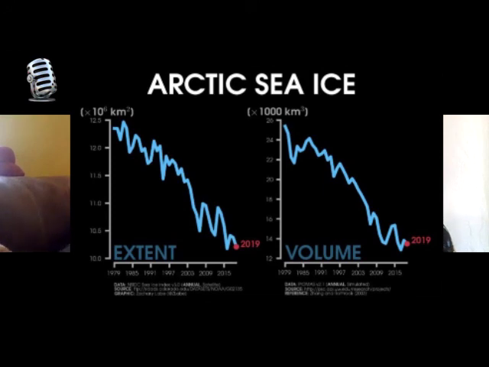Now I have 4 cubic meters. So this first one is just looking at the area, the extent, how much of the surface it covers. The volume takes into account how thick it is. Part of the reason we see such a drastic decrease is the loss of multi-year ice.